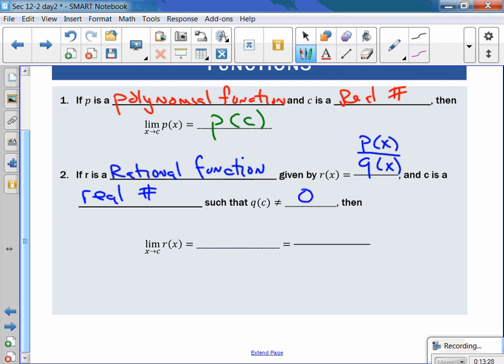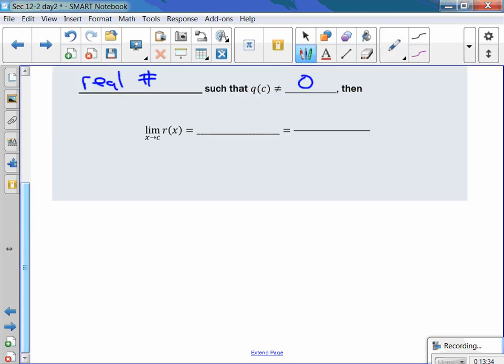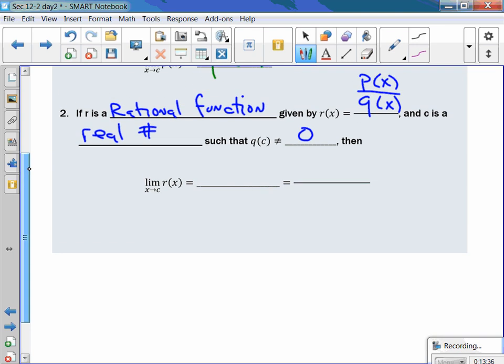In that case, the limit of r of x as x approaches c is just going to be absolutely. I would just use direct substitution. Again, I know I'm not dividing by 0, so I'm just going to replace my x with my c, giving me r of c, or in this case my p of c over q of c.